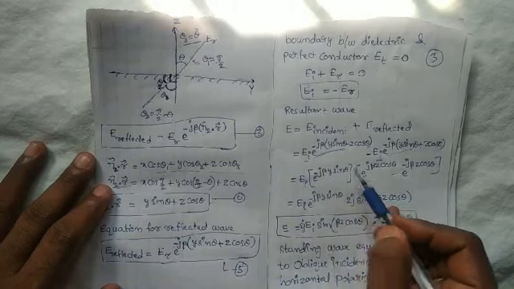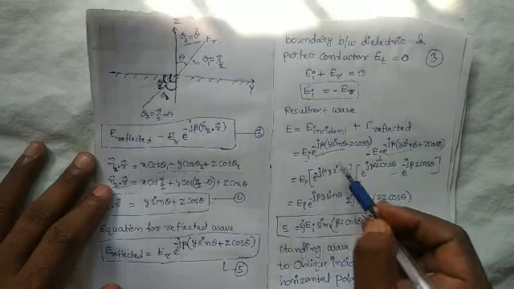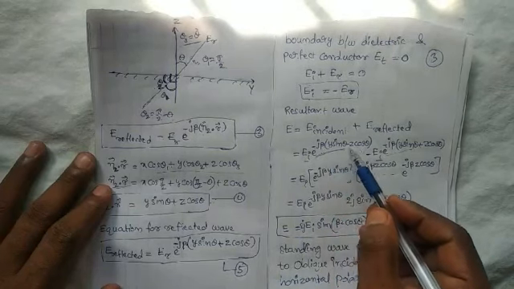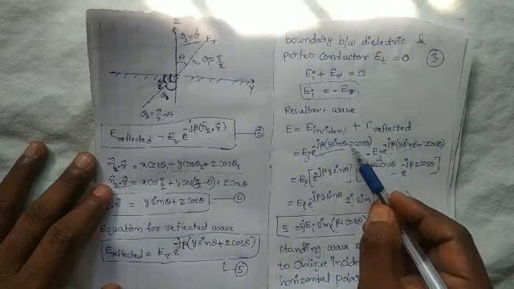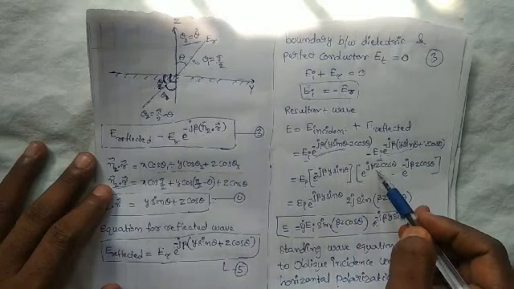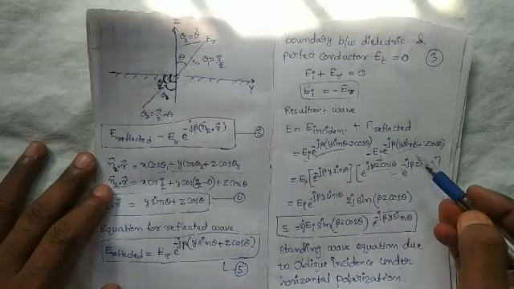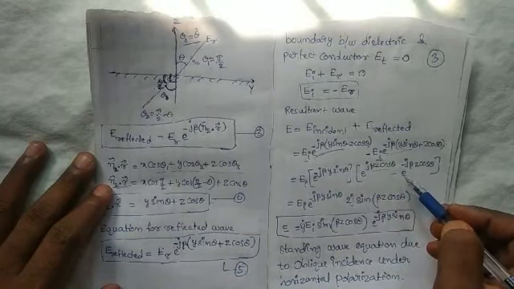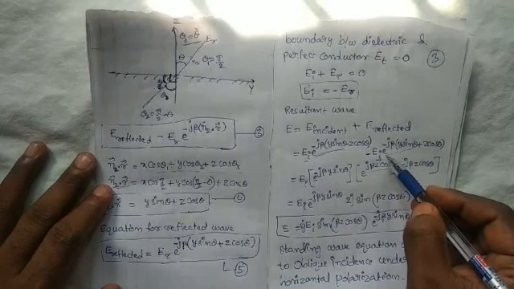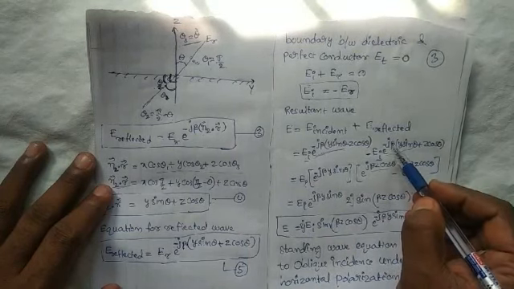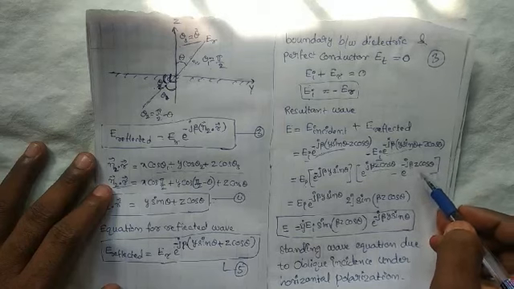The remaining term in the first term is e power j beta z cos theta, and the remaining term in the second, with minus into minus, is e power minus j beta z cos theta.